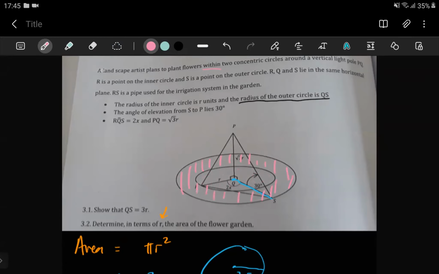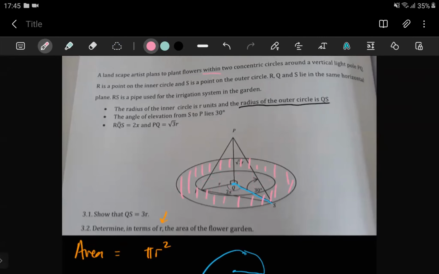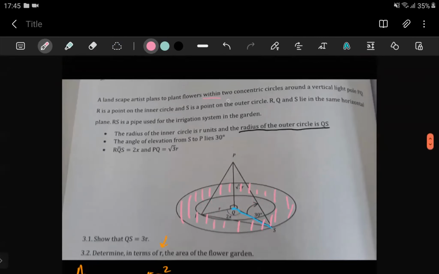The question says, a landscape artist plans to plant flowers within 2 concentric circles around a vertical pole. P is the point on the inner circle, and S is the point on the outer circle. S, R, and Q lie in the same horizontal plane.